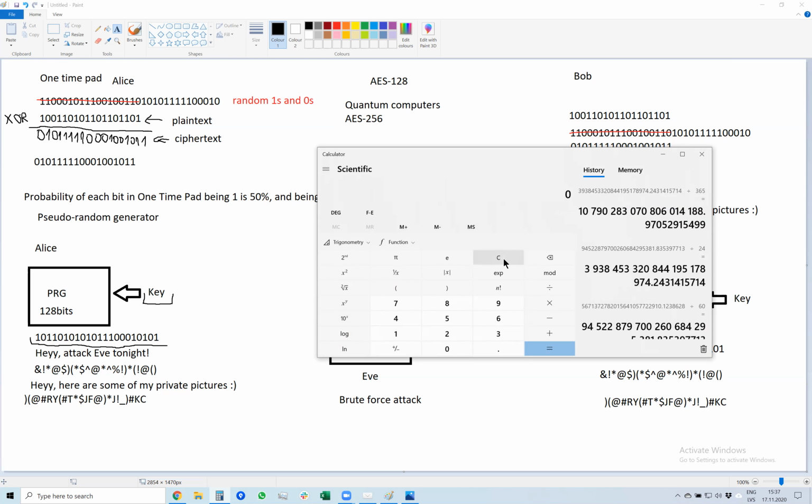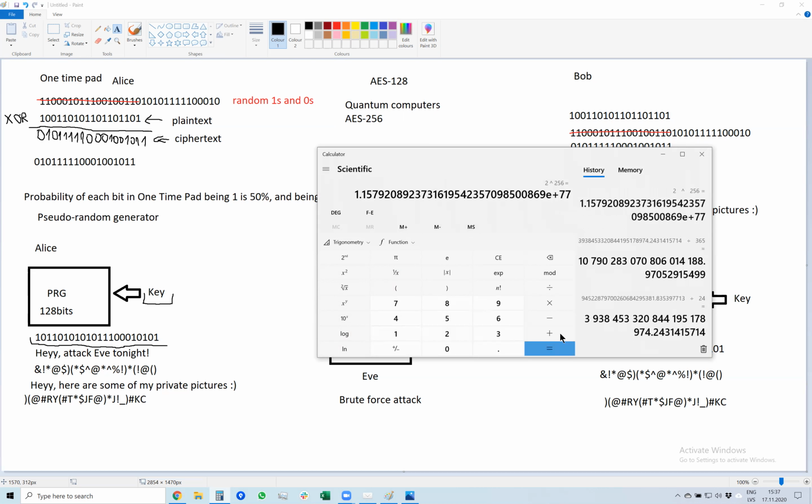So let's do the same math on 256. 2 to the power of 256 is 10 to the power 77. So previously it was 38, now it's 77. So actually adding 1 bit doubles the time, adding 2 bits quadruples the time, adding 3 bits increases time 8 times.